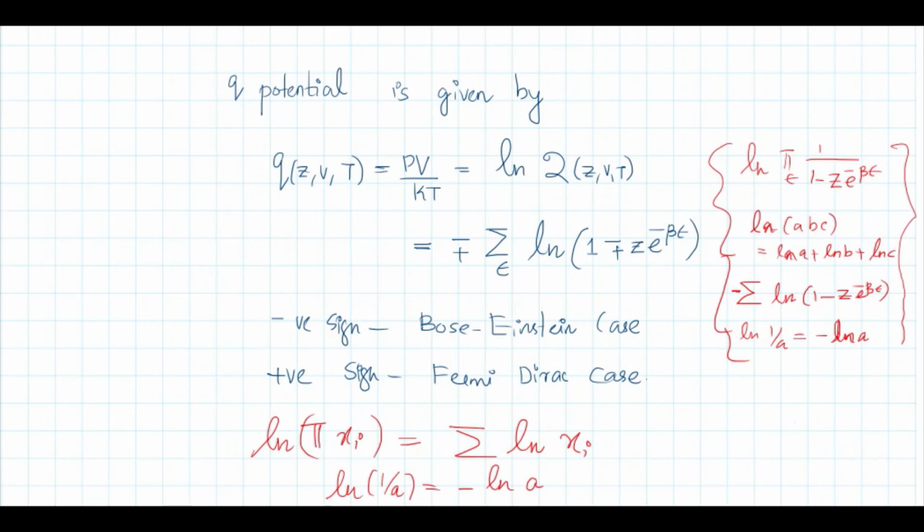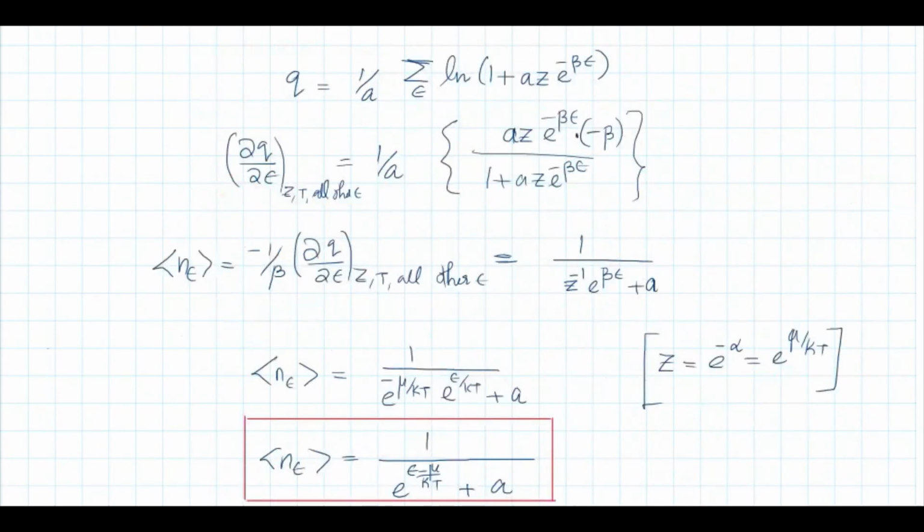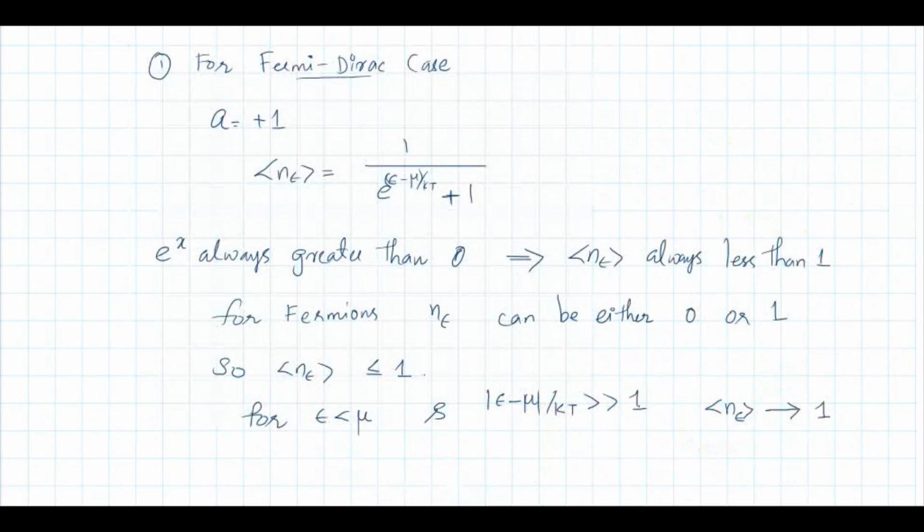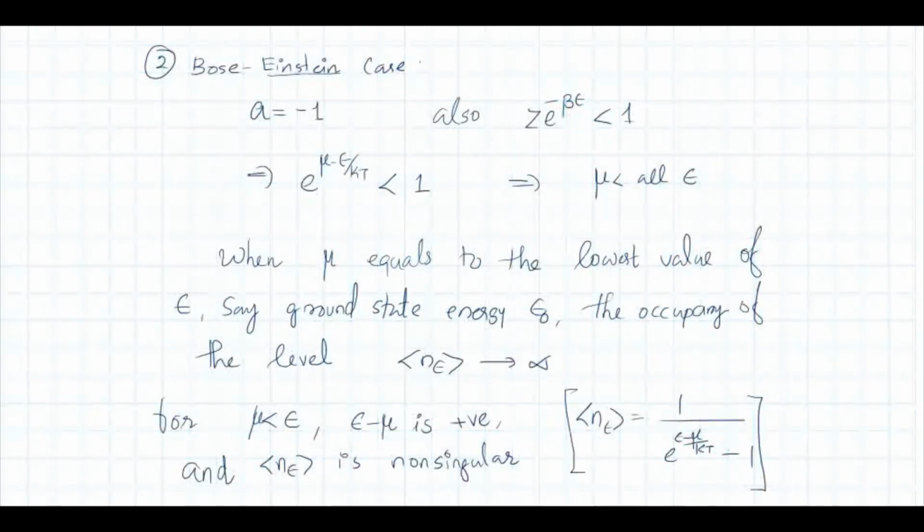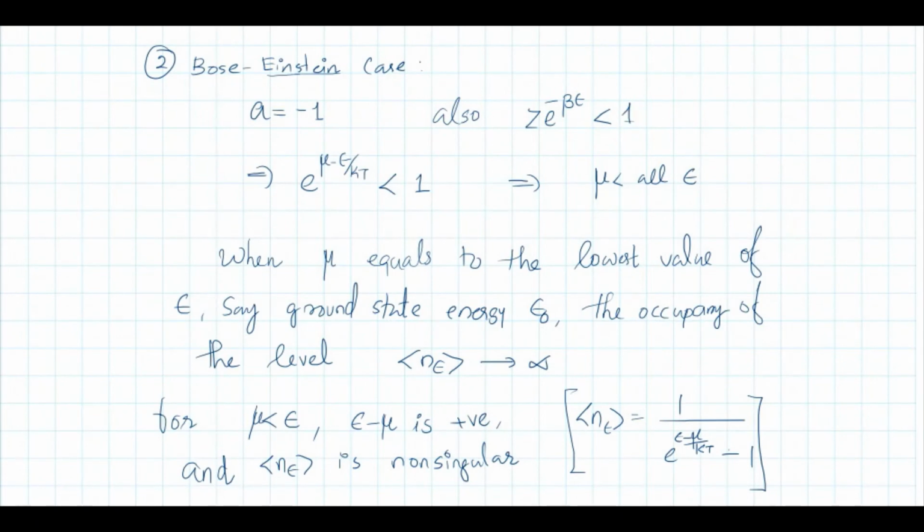For a Bose-Einstein system, this quantity z e raised to minus beta epsilon, for all epsilon values, should be less than 1. Now, what is z? e raised to mu by kT. So this quantity is e raised to mu minus epsilon by kT. This is always less than 1. e raised to 0 is 1, and e raised to a positive quantity is always greater than 1.